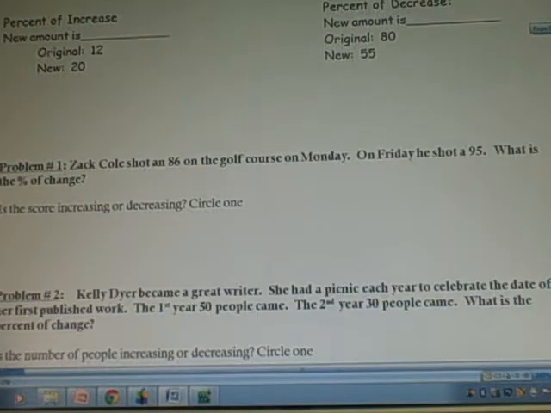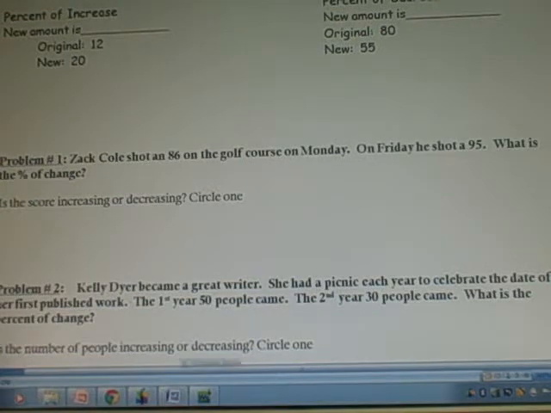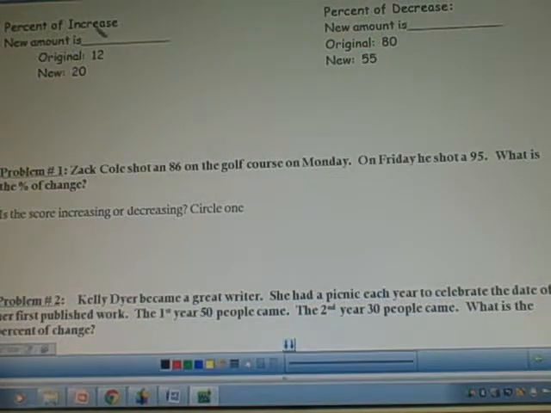So let's take a look at how that happens. Let's do a percent increase first. You're going to notice that the original amount is 12 and the new amount is 20. Since the new amount is larger, we know that we went up from 12 to 20.